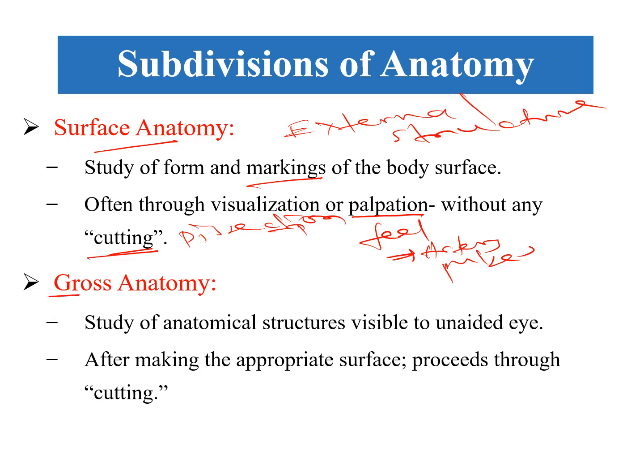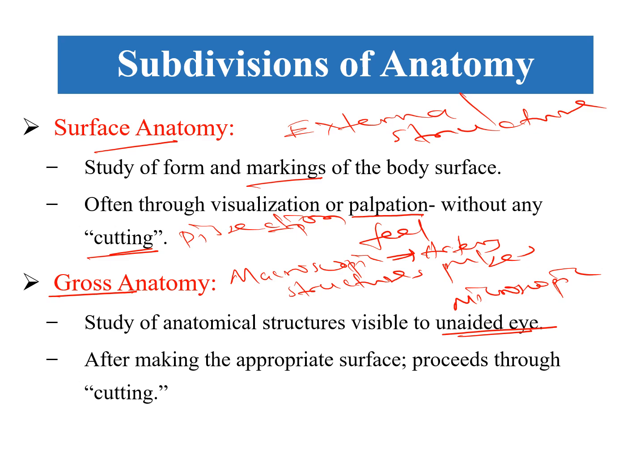Then gross anatomy, here you're studying macroscopic structures, those structures that are visible to the unaided eye, meaning there is no need of a microscope. You do not use a microscope, you're just using your naked eyes.